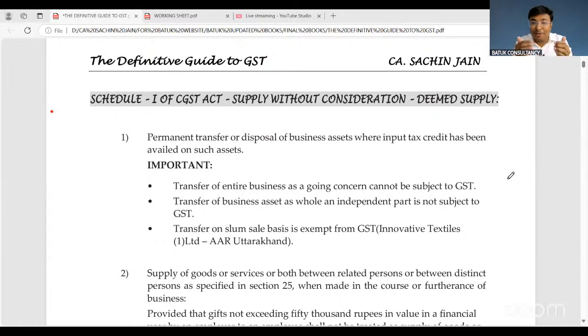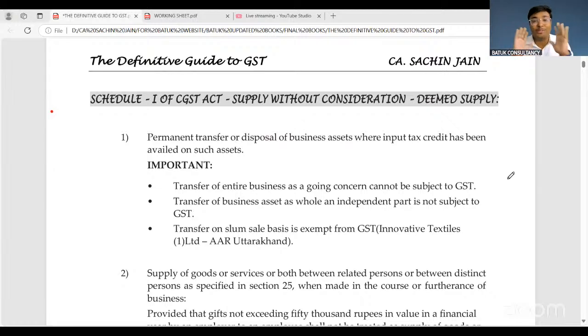That means if there is any import of services which is not related to the course or furtherance of business, but you have taken the services and paid the consideration, in that case, yes, GST will be applicable. And as we all know, in case of import, the reverse charge mechanism will be applicable.